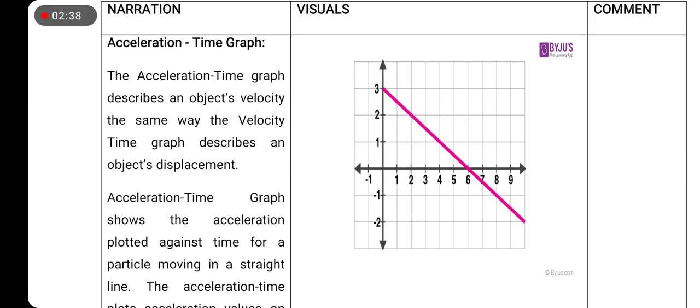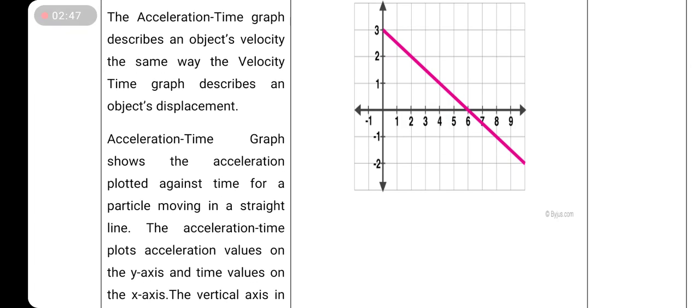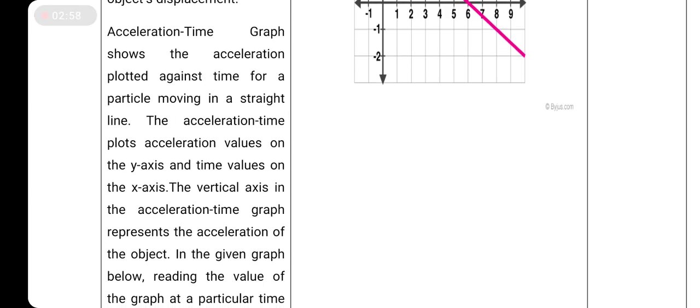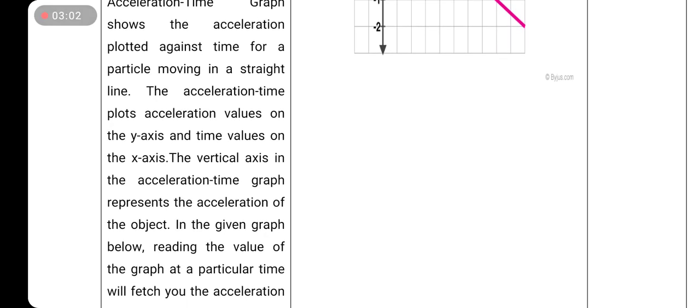Now, the acceleration time graph describes an object's velocity the same way the velocity time graph describes an object's displacement. The acceleration time graph shows the acceleration plotted against time for a particle moving in a straight line.